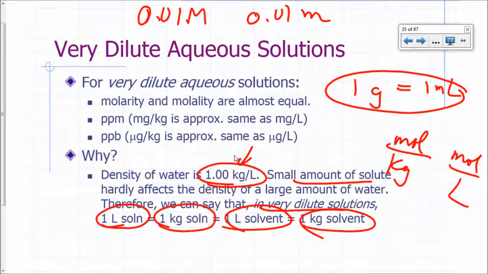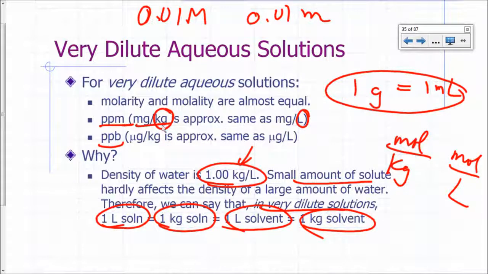And ppm and ppb would be essentially the same again because a kilogram of solution would be essentially 1 liter of solution. So ppm and ppb, parts per million and parts per billion, would also be essentially the same.